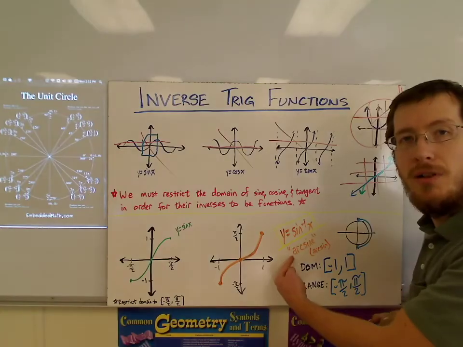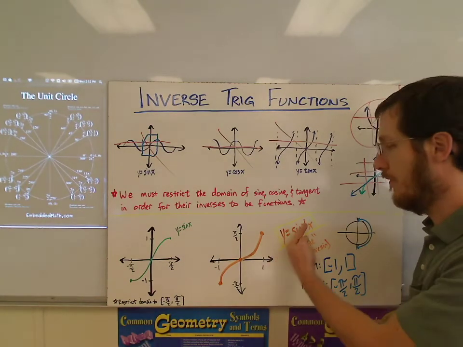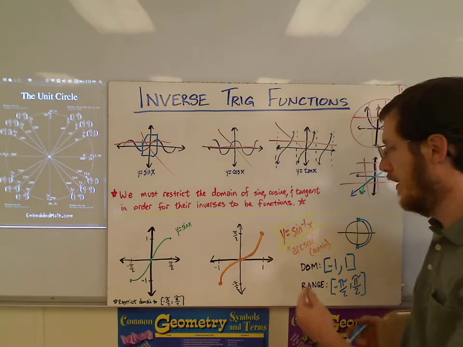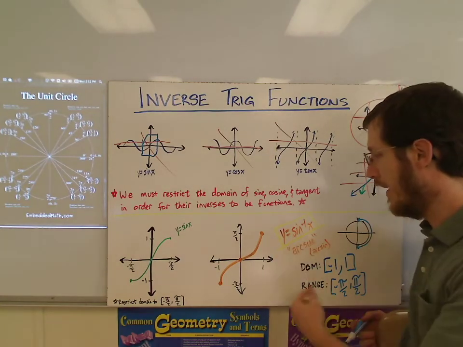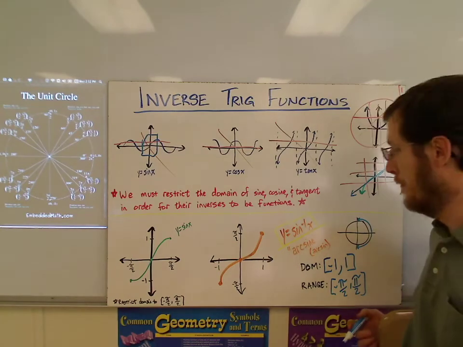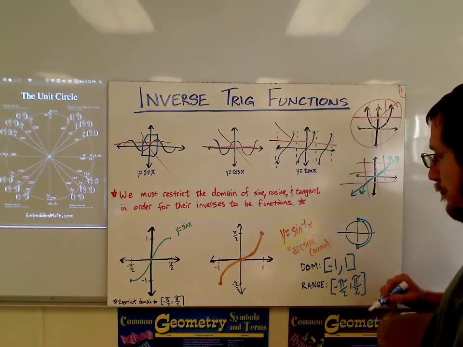Arc sine is often used pretty much synonymously with our inverse sine. So for our purposes, inverse sine of an angle x or of a number x and arc sine of a number will mean the same thing.